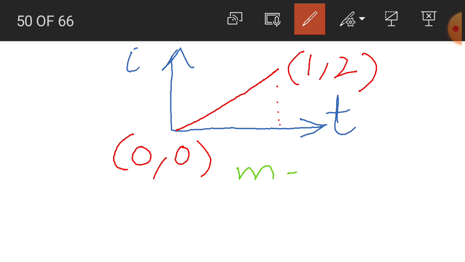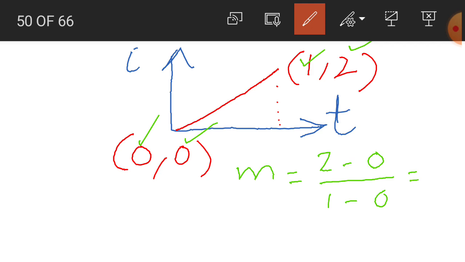The slope of this line will be equal to I2 minus I1. I2 is 2 and I1 is 0, so we have 2 minus 0 divided by T2 minus T1. T2 is 1 and T1 is 0, so we have 1 minus 0.